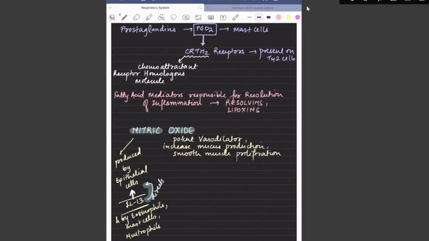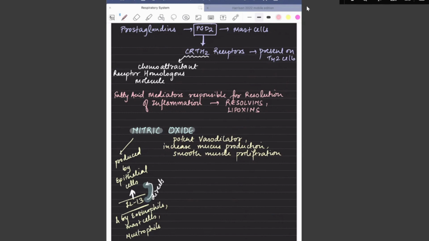The prostaglandin PGD2 acts on the CRTH2 receptors. Now, the prostaglandins are released from the mast cells. What are the CRTH2 receptors? It is nothing but chemoattractant receptor homologous molecule, which is present on the Th2 cells. The fatty acid mediators responsible for the resolution of the inflammation are the lipoxins and the resolvins.